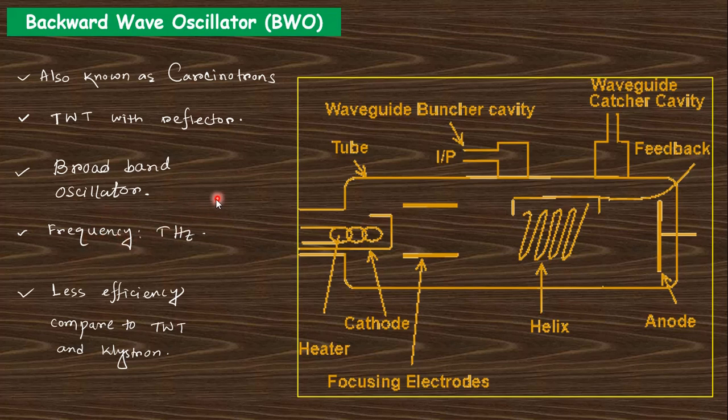If we want to get terahertz frequency, we use the backward wave oscillator, and it has less efficiency compared to TWT and klystron. In case of this oscillator the efficiency will be lesser, right?